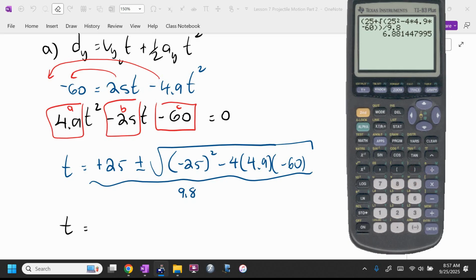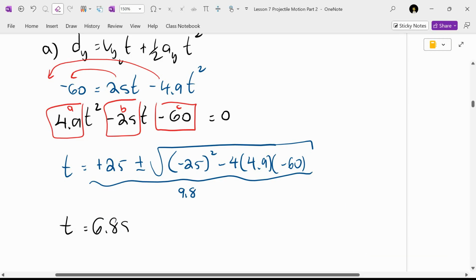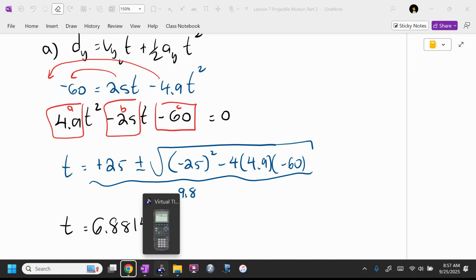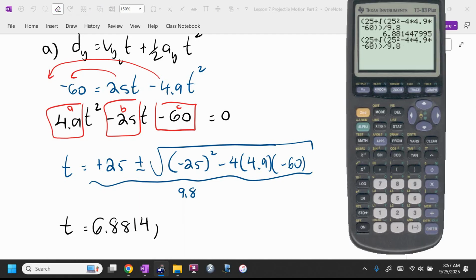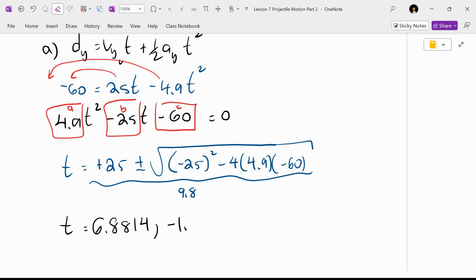Those of you with the solver, is one of the roots 6.8814? And then I should be able to backspace and edit. Negative 1.7794. Which one of these am I going to ignore?